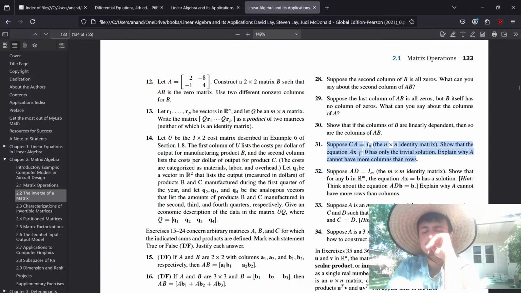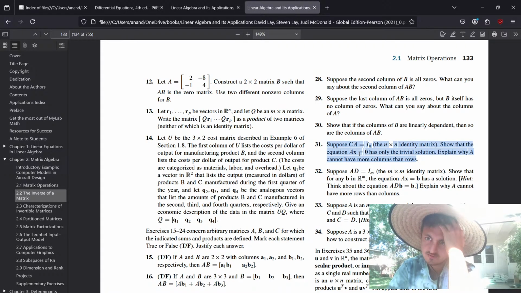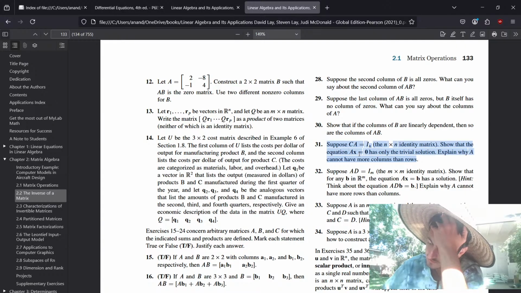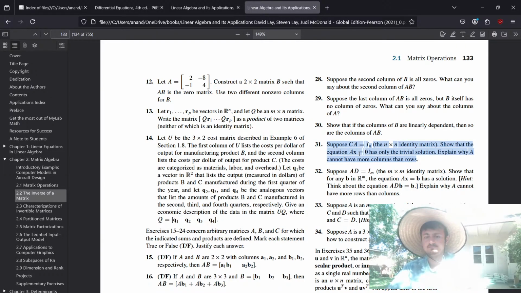I could say that if A, explain why A cannot have more columns than rows. So let's say C is m by n, and A would have to be n by n.